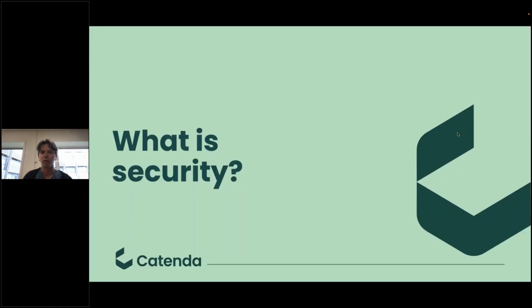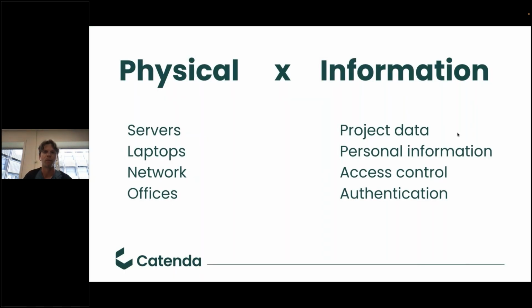Before we go into the depths, let's start with what is security? What are we talking about here? There are two main areas of security that have been there since the beginning of IT. The first one is physical security, where we want to make sure that the servers, all the equipment, the laptops, also the network and the offices are secure, and the access is secure, and there is no mishandling of these physical objects.